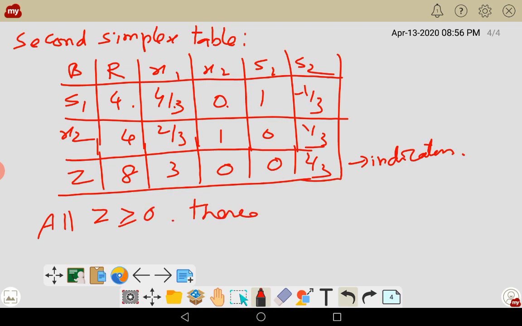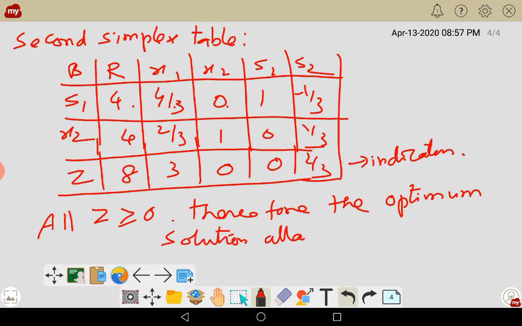Therefore the optimum solution is attained. What is the solution? How do you get the solution? The solution is from the first 2 columns. See, the original variable is x2, s1 is a dummy variable.